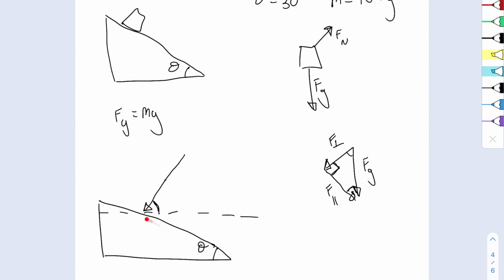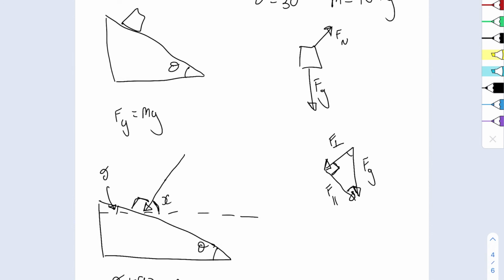Since this intersects both of them, from geometry we know that this right here is theta. We know that this angle is 90 degrees because this vector is perpendicular to the plane. So we know that theta plus 90 plus, let's call this angle here x.